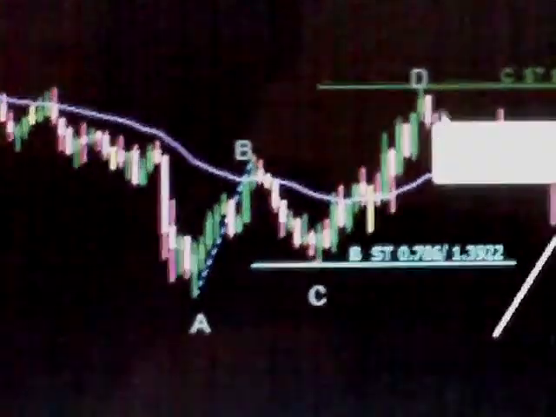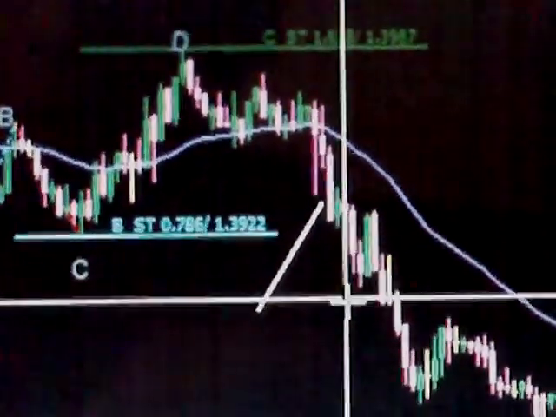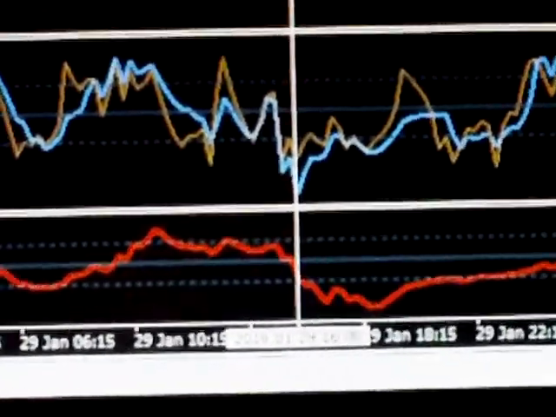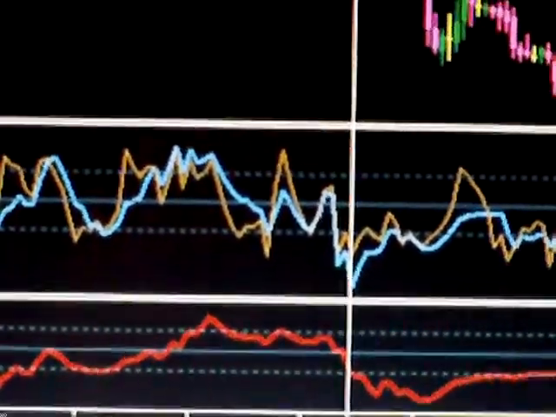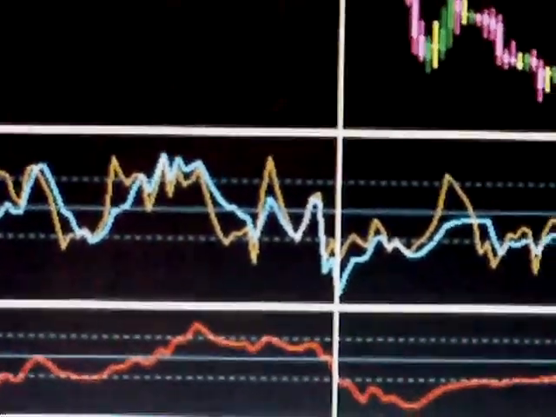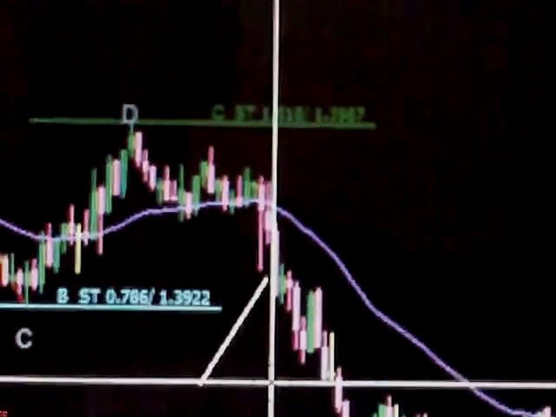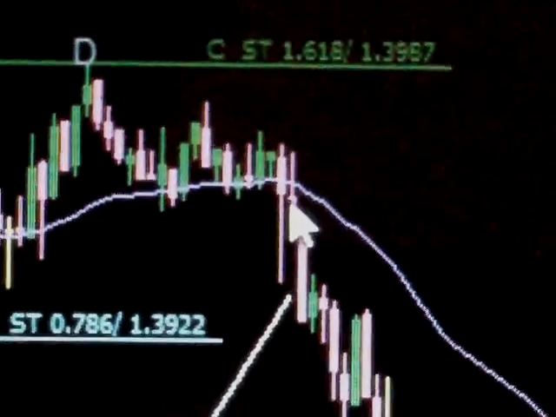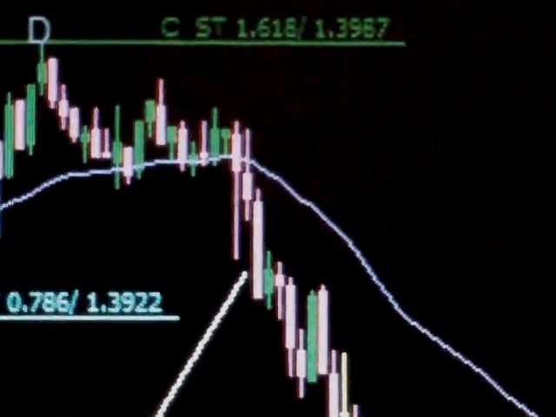Two-step correction terminating at 1618. And let's look at the trigger right down here, 50-34. CCI crosses the 0 line, and 14 already on the right side, and price crosses the 34 EMA. So that's a 50-34 on the 15-minute chart.